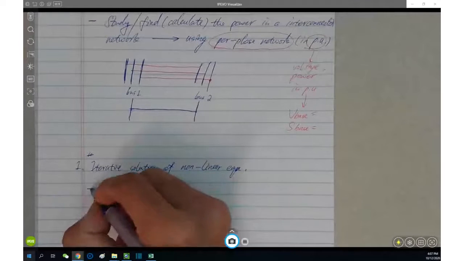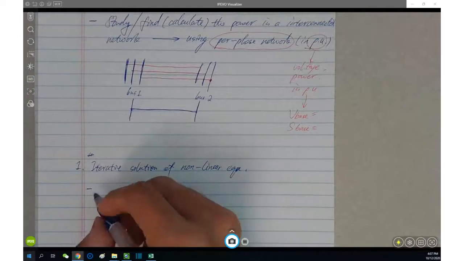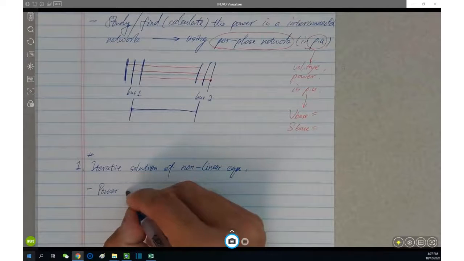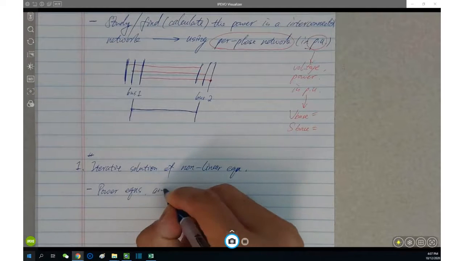Why are we learning the math? First of all, the power equations are nonlinear equations.